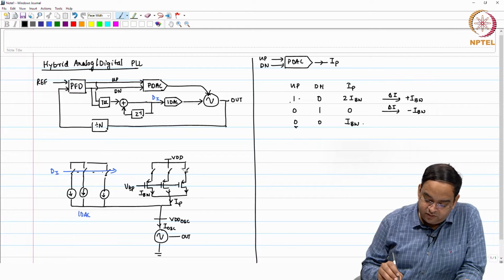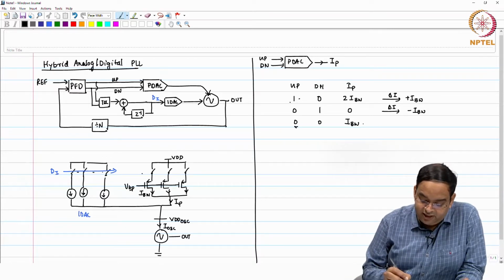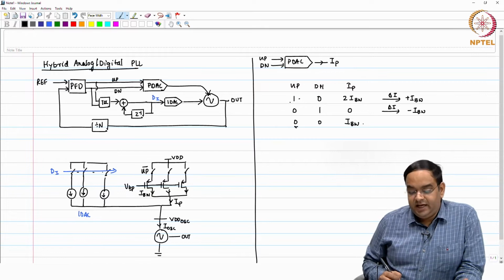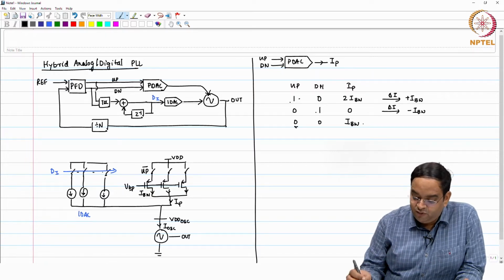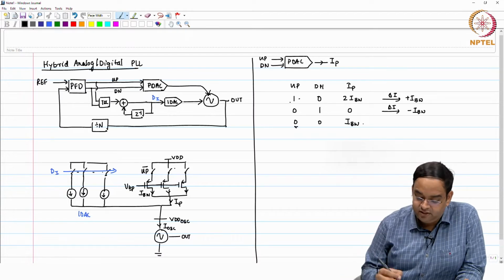Okay. So, let me just say, when your up is high and down is 0, that time the total current should be 2I. So, I give an up bar signal: when up is high, up bar is low, at that time you have I bandwidth coming in, and when your up is 0 and down is high, at that time the current flowing through this particular logic is actually 0 only.